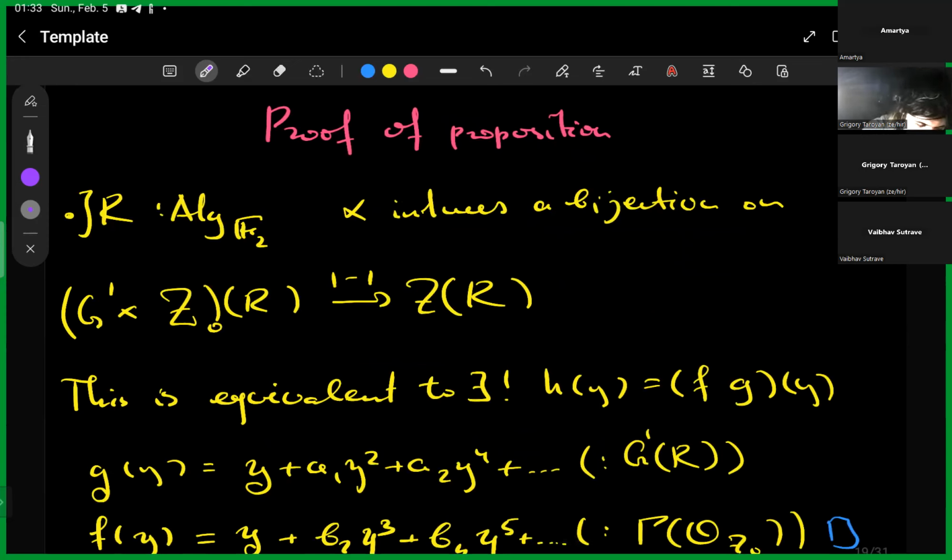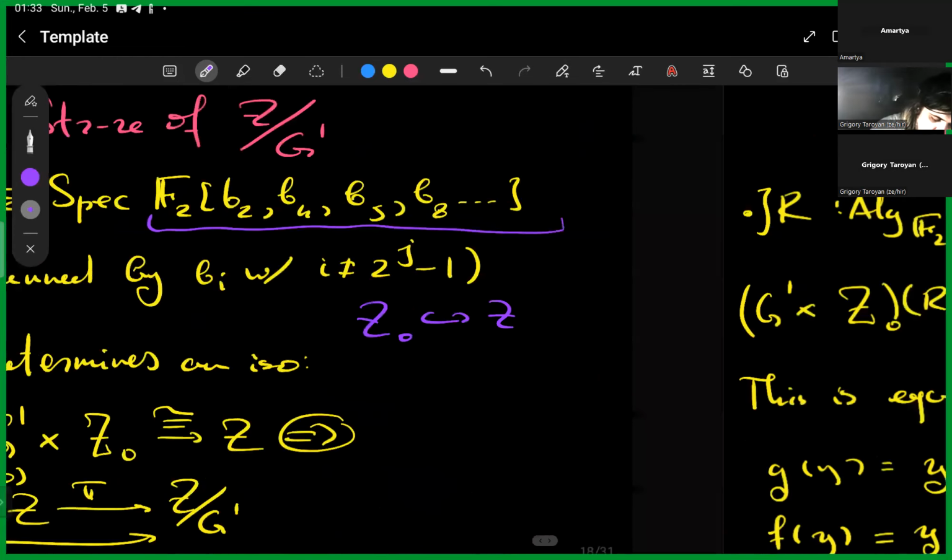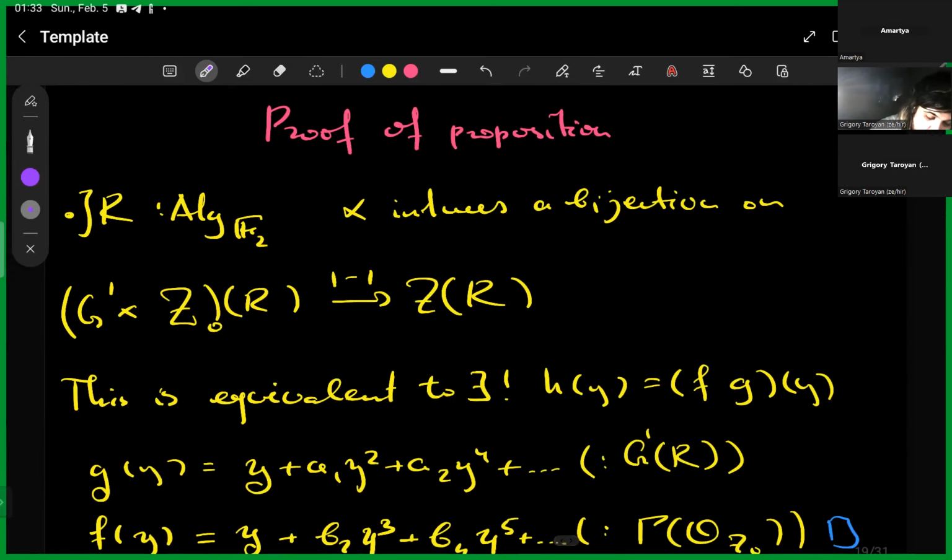Okay, so let's try to sort of prove this proposition. Assume that we have an algebra R over F2. Then, well, at least it is enough to show that alpha induces a bijection between R points of this product and R points of this scheme Z. Then if we do this for all R's, we will show this isomorphism.